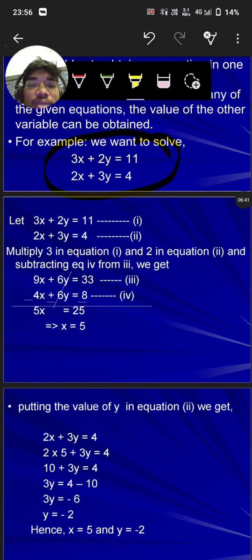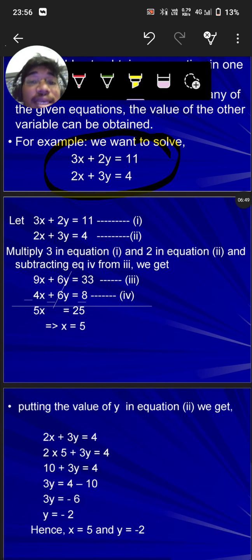By multiplying equation 1 with the coefficient of x of equation 2, that is 2, and multiplying equation 2 with the coefficient of x of equation 1, that is 3, we get 6x plus 4y equals 22 and 6x plus 9y equals 12.